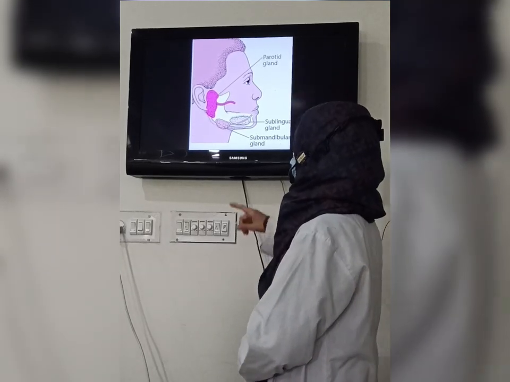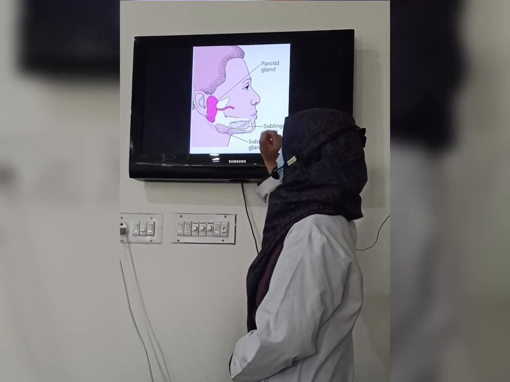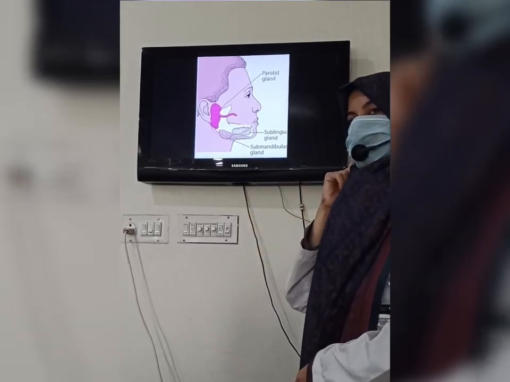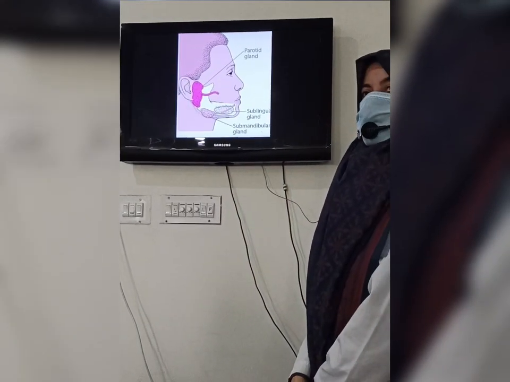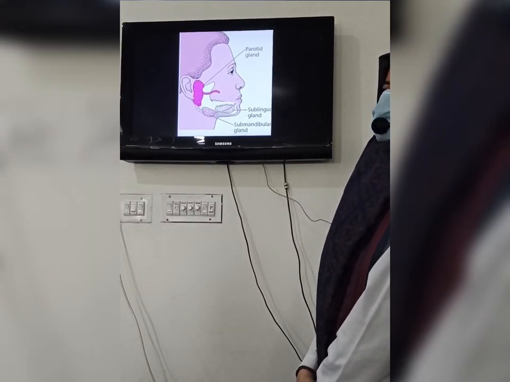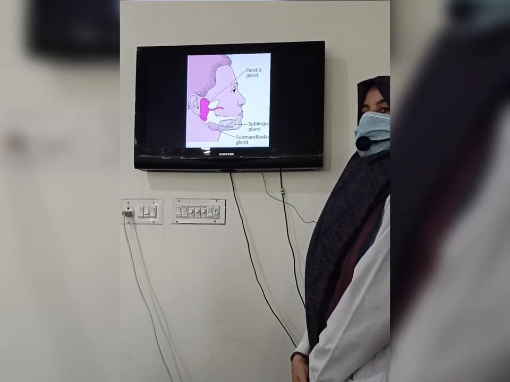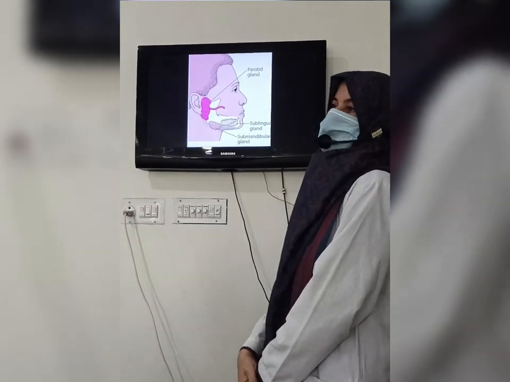We have got major salivary glands: the parotid, the submandibular, and the sublingual. We can observe that the parotid is present anterior and inferior to both ears, largest of all, and produces almost 30% of the saliva. So where does the other ratio come from?